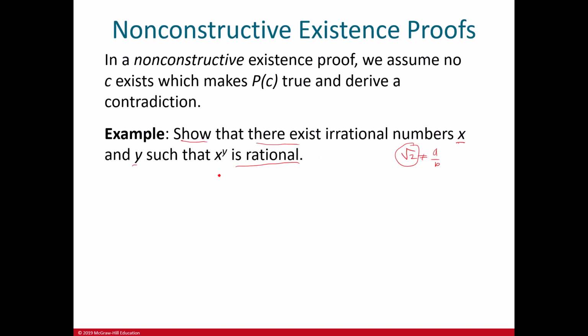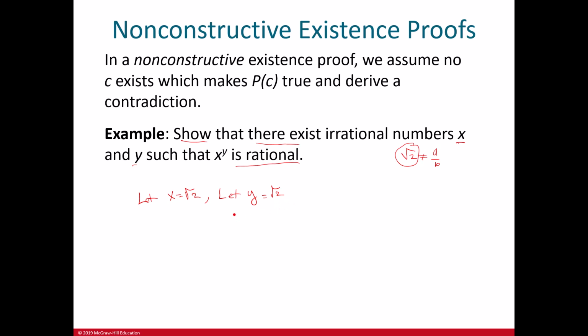Let's prove it. Let x equal the square root of 2. Also, let y equal the square root of 2. Why? Because no one told us they shouldn't be the same. All right, so we can do that.